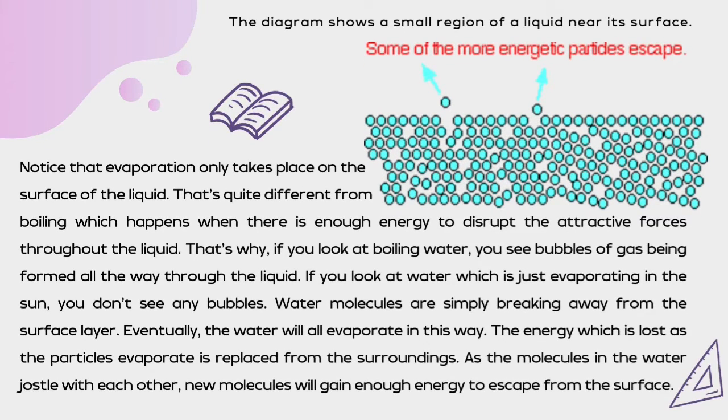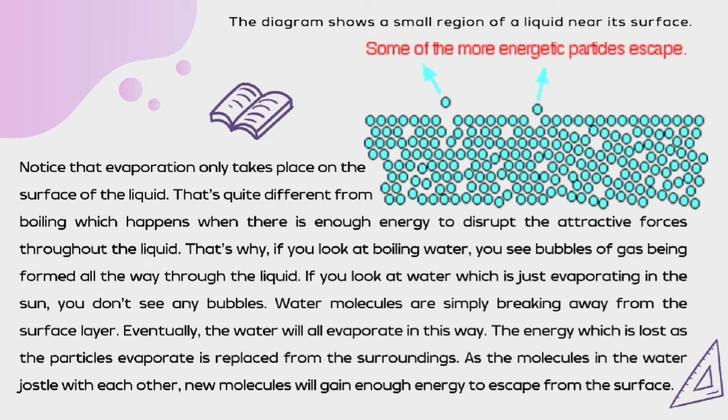The diagram shows a small region of a liquid near its surface. Notice that evaporation only takes place on the surface of the liquid. That's quite different from boiling, which happens when there is enough energy to disrupt the attractive forces throughout the liquid. That's why, if you look at boiling water, you see bubbles of gas being formed all the way through the liquid.